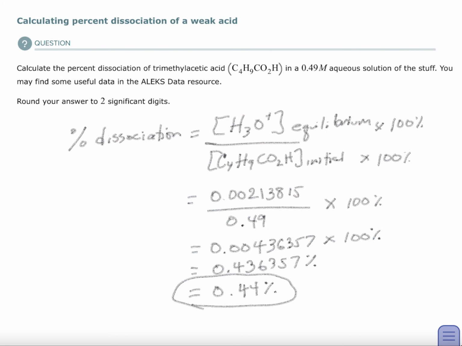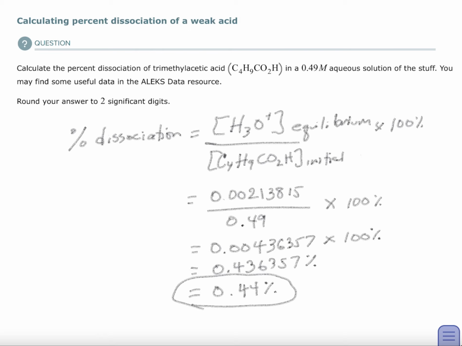So what we need is a dissociation. What is the percent dissociation? To do the problem, as long as you know how to do it, it's very simple. You're going to have the concentration of whatever you made, whether that's the acid or the conjugate base at equilibrium, divided by the initial acid, times 100%.